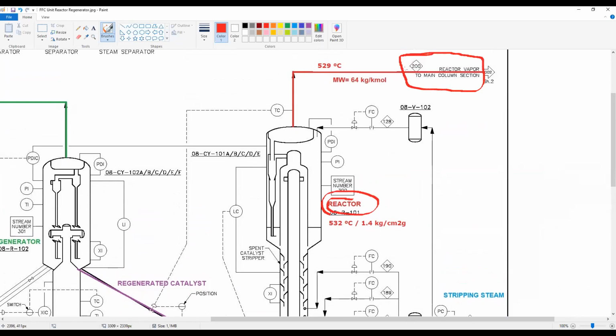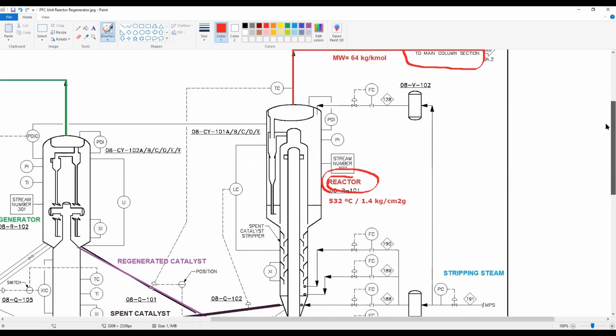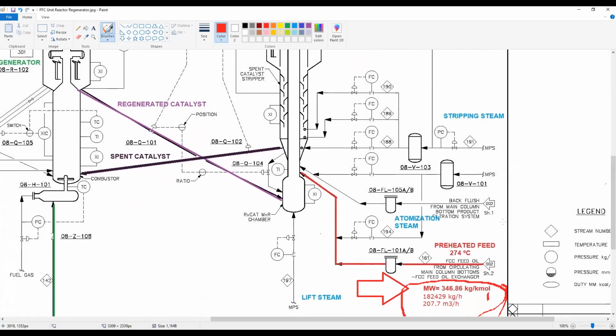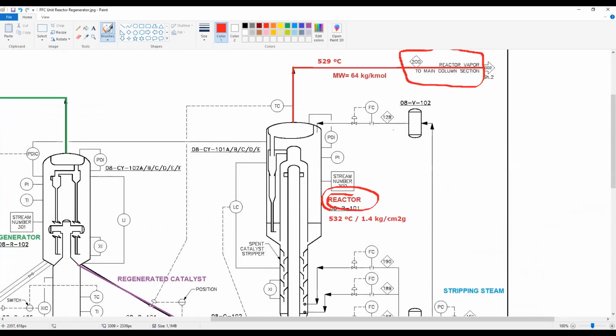If you go to your material balance and look at stream 200, you will see that the molecular weight of this stream is 64. So you can see that the molecular weight we had in the feed, that is our vacuum gas oil, was almost 347, and we go down to 64.